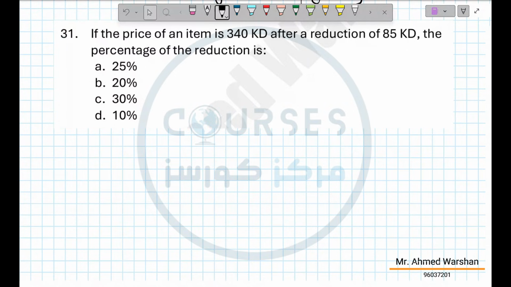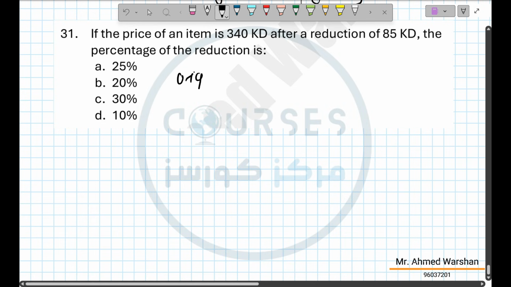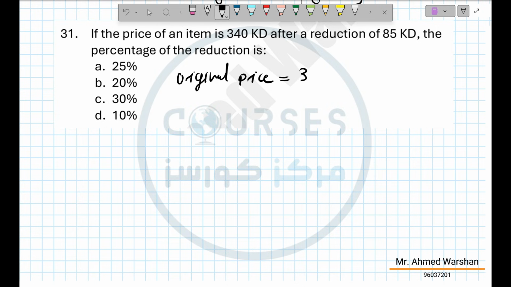If the price of an item is 340 KD after a reduction of 85 KD, the percentage of the reduction is? Some people would just go ahead and calculate 85 from 340. But again, no. 340 is the price after a reduction. So if you want the original price, you're going to have to add 340 plus 85.